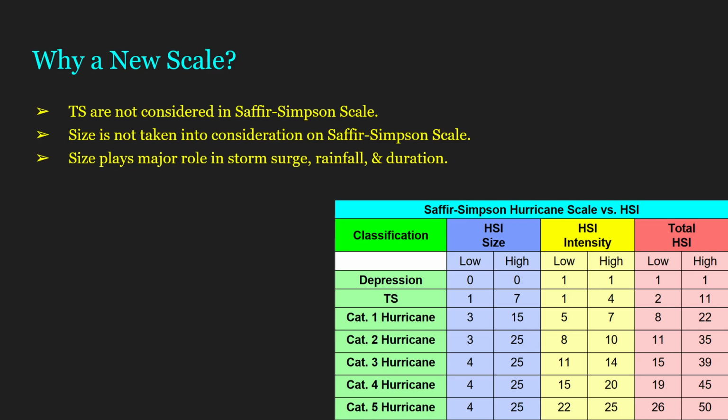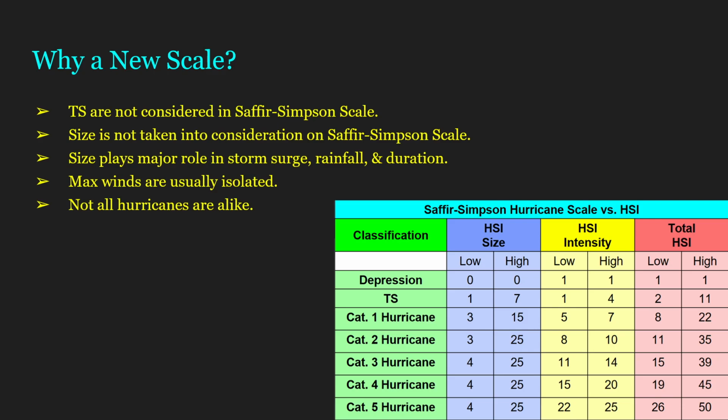Now, forward speed also plays a part in all three of these, but size is the second major factor here. Also, with just measuring maximum winds, you have the problem of them being usually pretty isolated to just the eye wall and that's it, which is a good thing. You don't want the entire storm to have wind speeds of 185 miles per hour. But again, measuring just wind speed is pretty limiting.